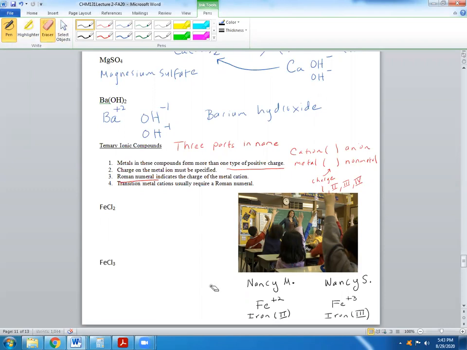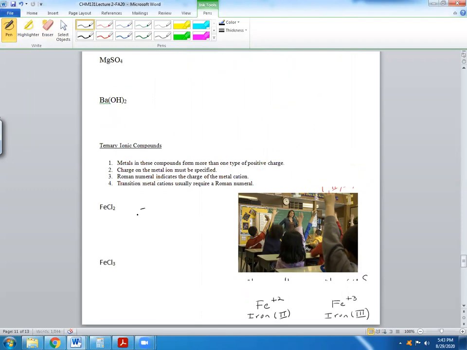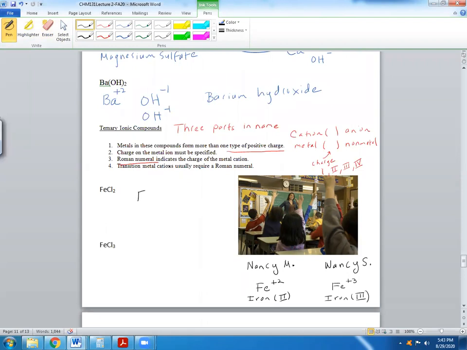So let's get back to our problem. We have these two. The best way to do these problems, whenever you suspect there are multiple charges, is to really list the ions. So if I have FeCl2, that means I have 2 Cls. FeCl3 means I have 3 Cls.